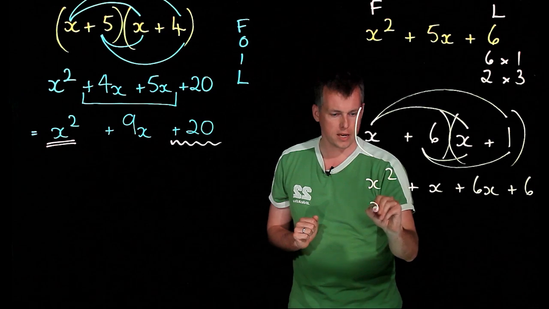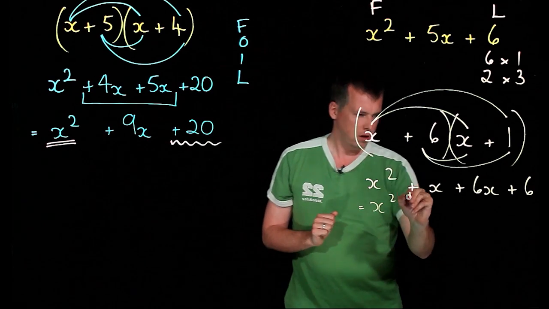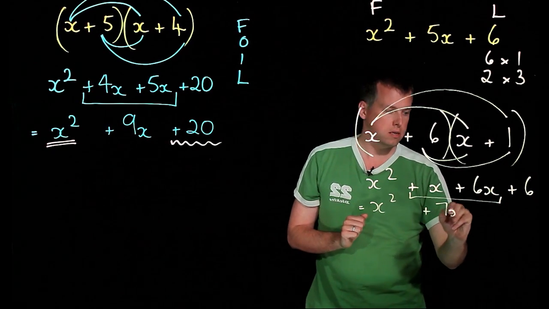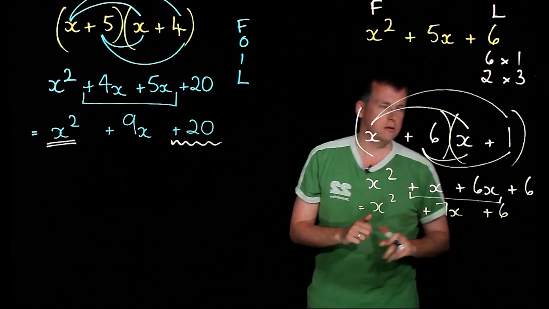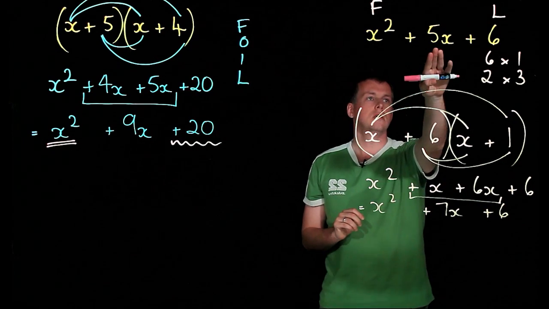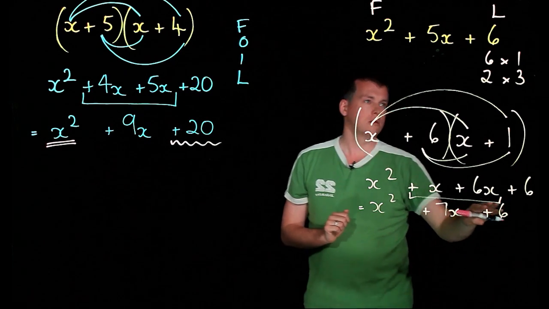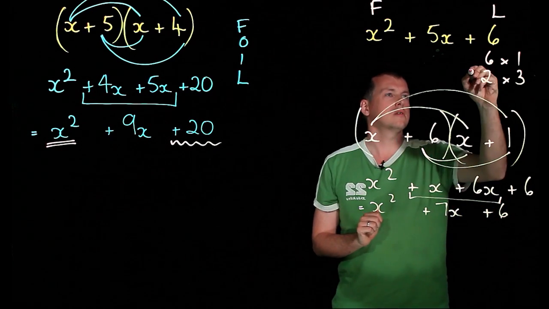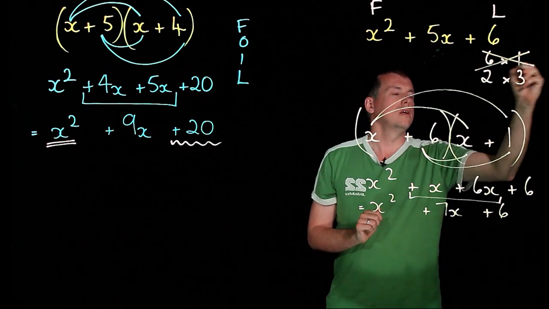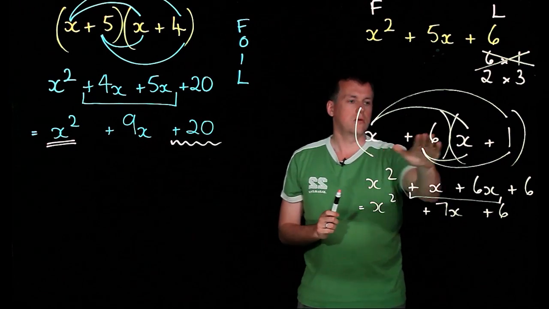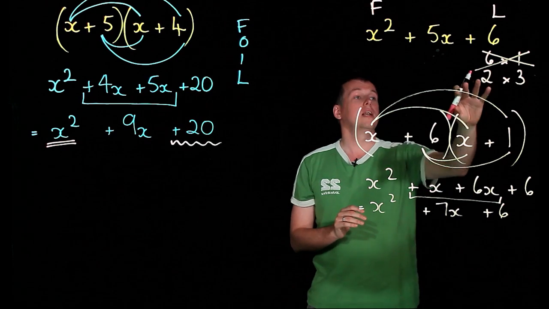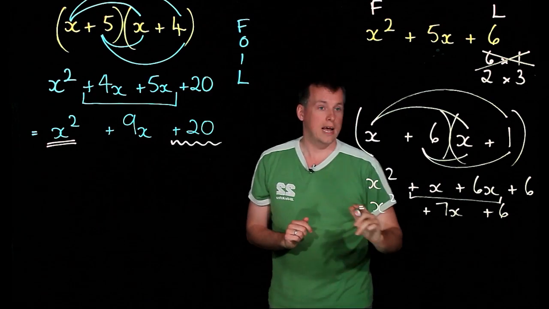Okay, I end up with x squared plus 7x plus 6, which isn't the expression that we started with, and therefore that isn't the solution. Okay, we can discount 6 and 1 being the pair of numbers that we need to put in the brackets. That only leaves us with 2 and 3.